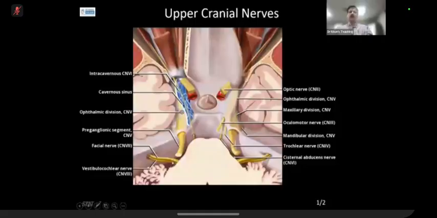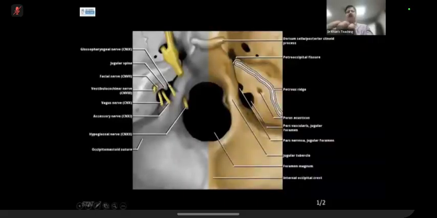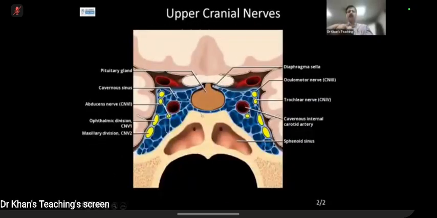Seventh and eighth nerves, they go into the internal auditory canal. And ninth, 10th, and 11th, they go into the jugular foramen. 12th nerve, this is the hypoglossal canal, we'll cover it next time. So these are the nerves of interest today.